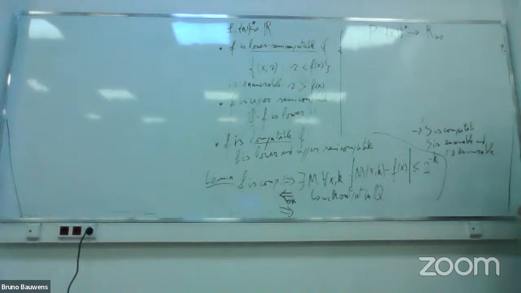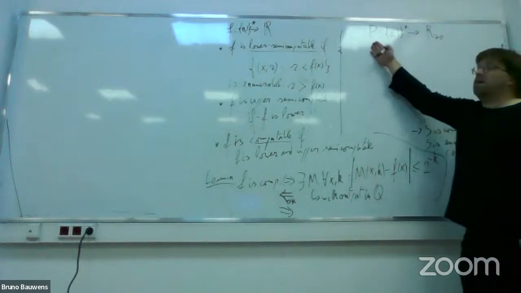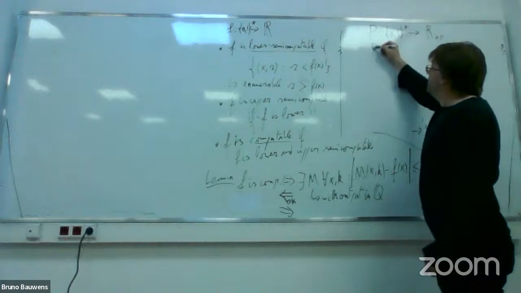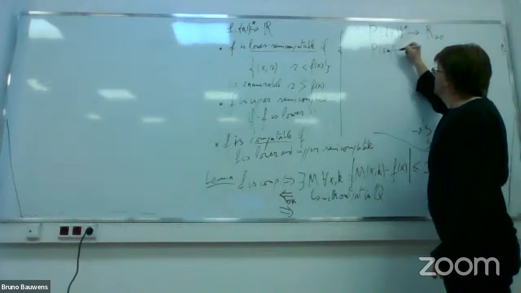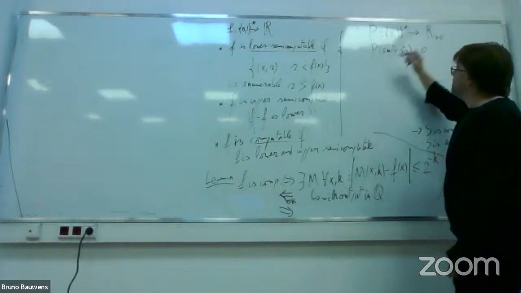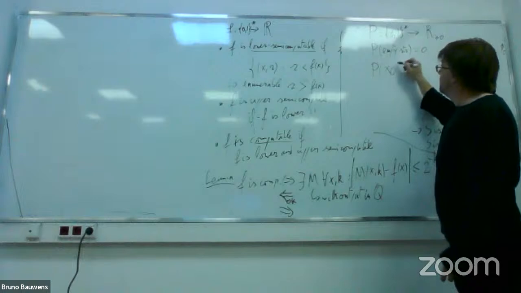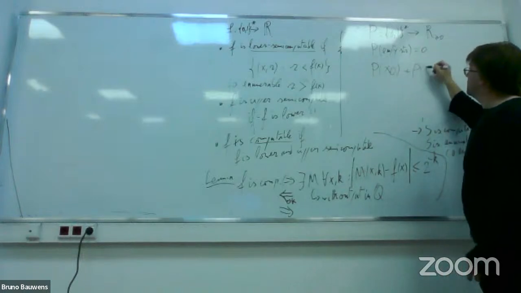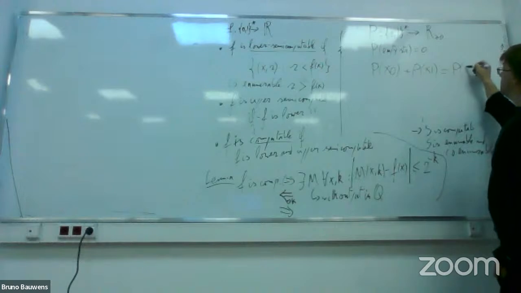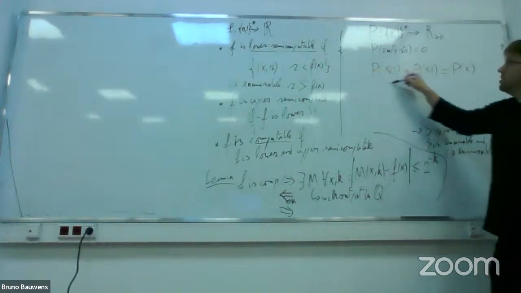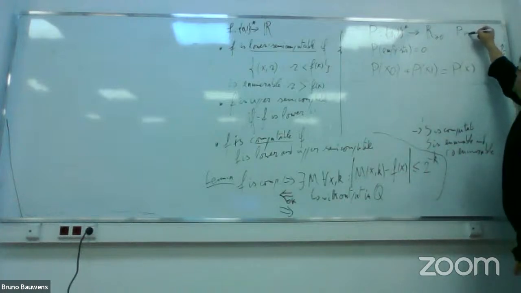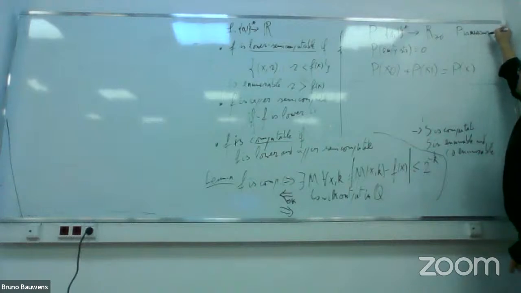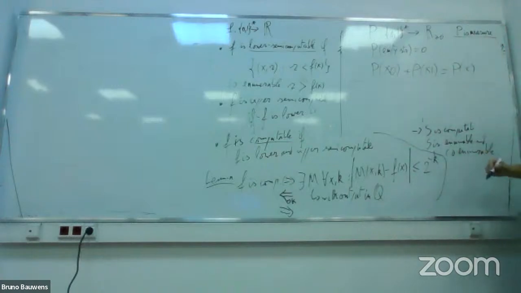And such a P is called a measure, or pre-measure to be mathematically correct, if P of the empty string is equal to 1, and for each string, the probabilities of its extensions sum up to P of x. So this is a probability measure. I will just say P is a measure.